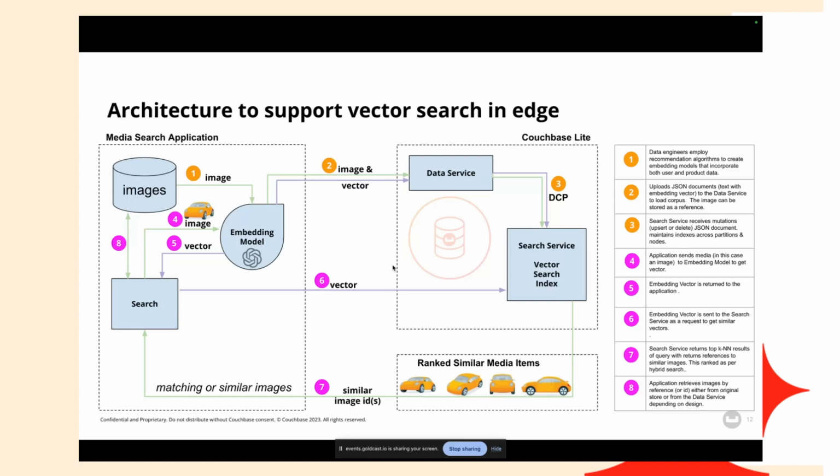And now when it comes to the actual search experience, I take a new image, again generate the input image embeddings with the help of the embedding model. And now I use the search service, which is essentially the vector search capability offered inside of Couchbase Lite and inside of Couchbase as well.